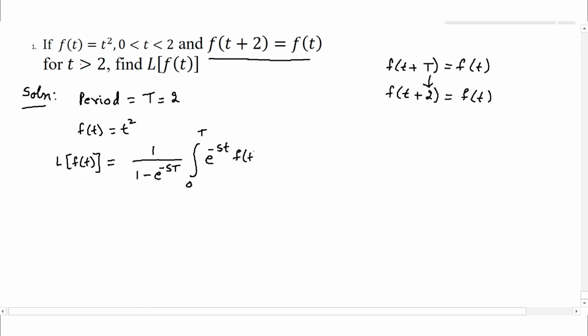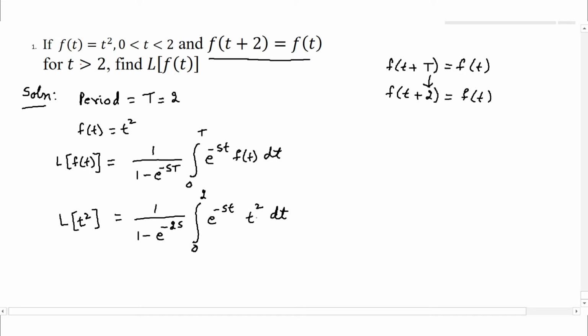Let us use this formula. We know f of t is t square, and capital T is 2, so I replace T with 2, which gives 2s. Then we have the integral from 0 to 2 of e power of minus st, t square into dt.